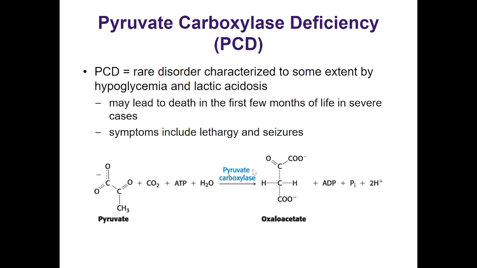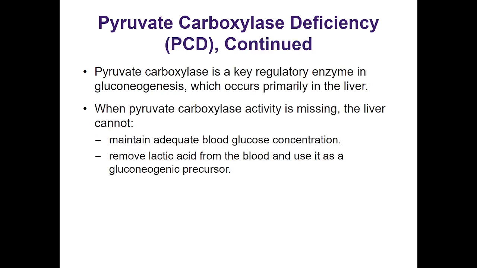So obviously you're deficient in this enzyme right here. And you may recognize this because this is the pyruvate plus CO2 going to the oxaloacetate. That was the first step of gluconeogenesis, wasn't it? And so you're essentially not going to be able to do gluconeogenesis properly.